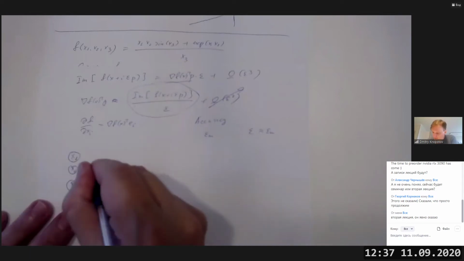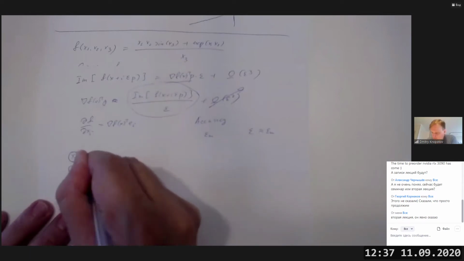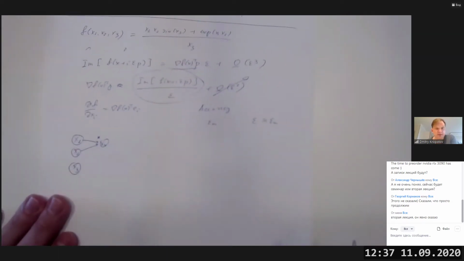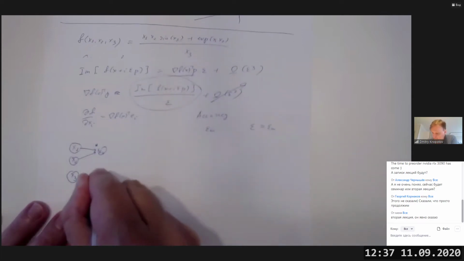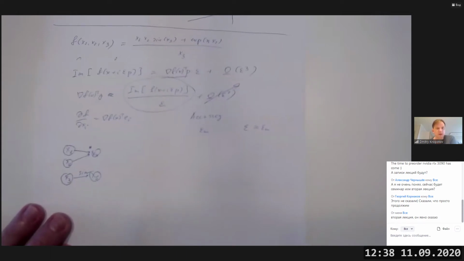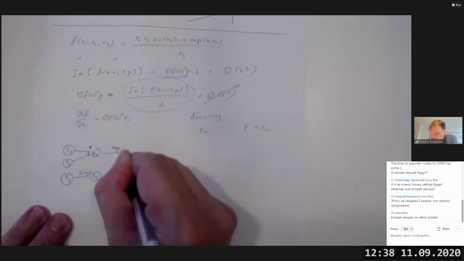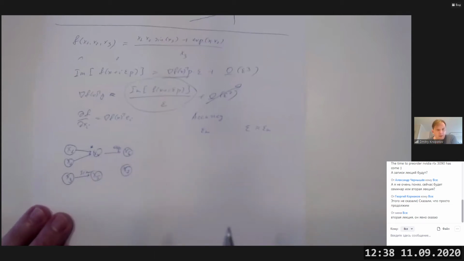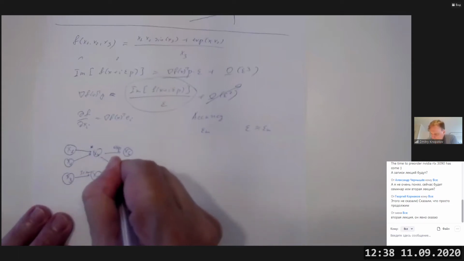First we need to calculate the product of x1 and x2. Let's denote it by x4. Also, we need to calculate the sine of x3 and put it here. Then calculate an exponent, and calculate the sine of this product.